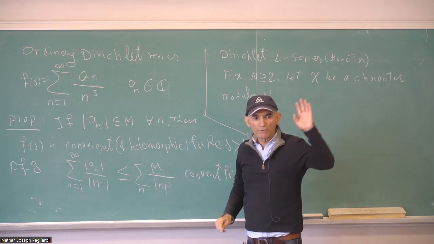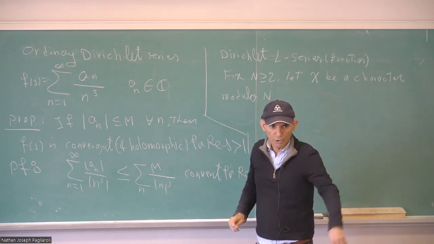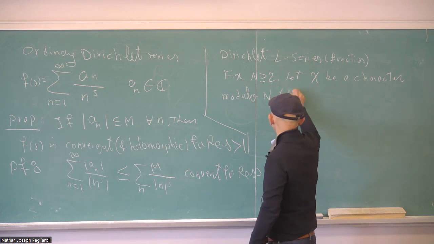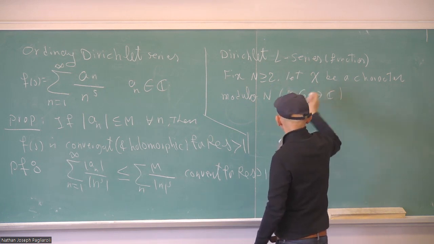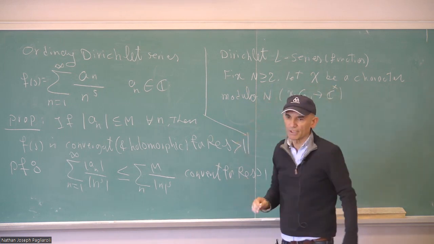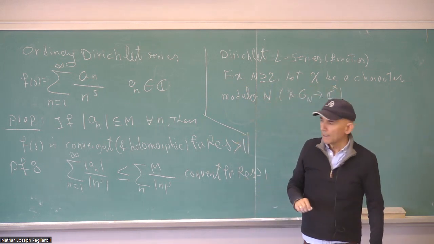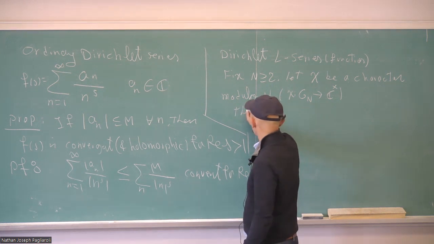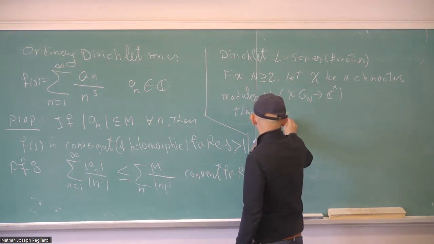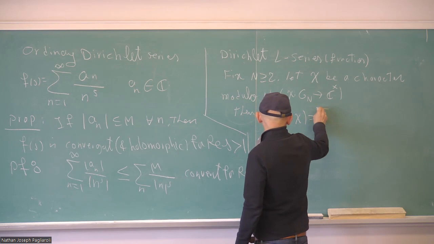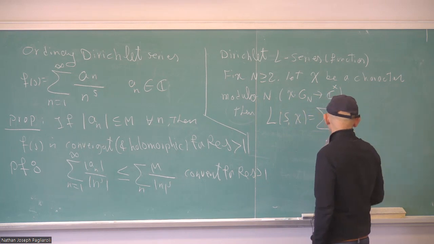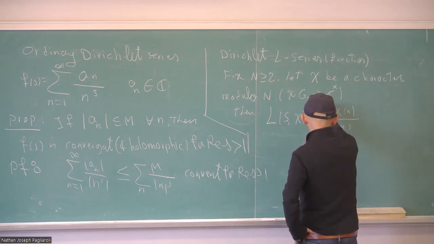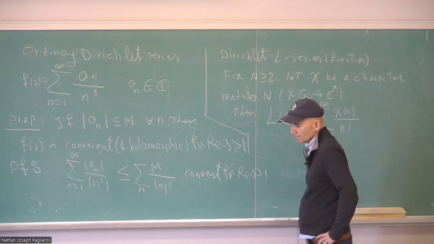So we are going back to the beginning of today's lecture. So there's a character on G_n, right? So this is a Dirichlet character modulo n. Then L(s, chi) let's define to be the sum chi(n) divided by n to the s, from 1 to infinity.